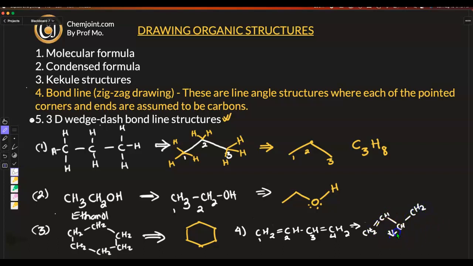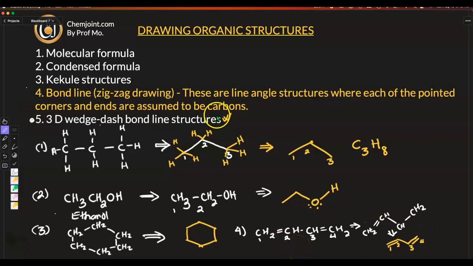And this can be translated to a zigzag drawing of this manner, hiding hydrogens, implying the hydrogens. Carbon 1, carbon 2, carbon 3, carbon 4. Still a zigzag drawing of the same structure.